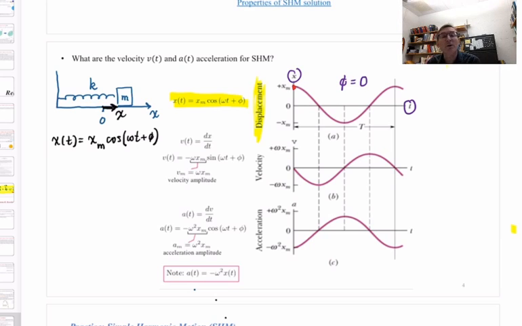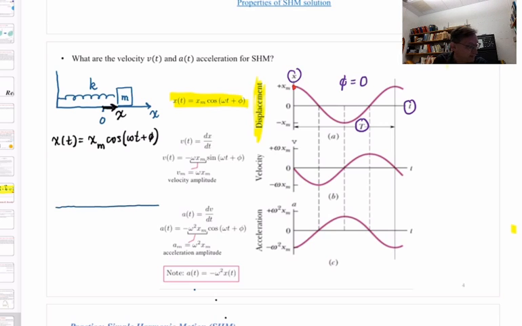Notice that they have plotted over a time interval exactly equal to one period, capital T, because it's just repeating itself. It started at x max. That's the block. Okay, so let's go ahead and even draw down here. Gotta make sure I have enough room.